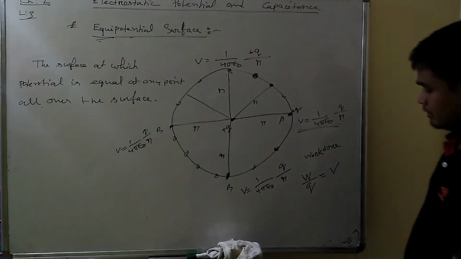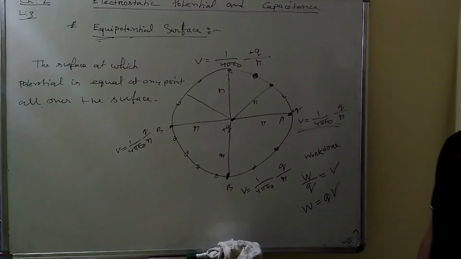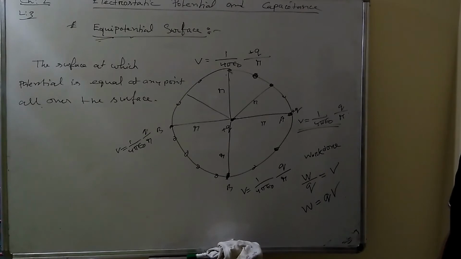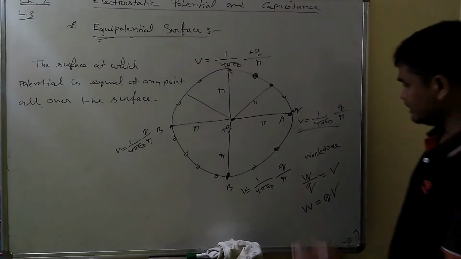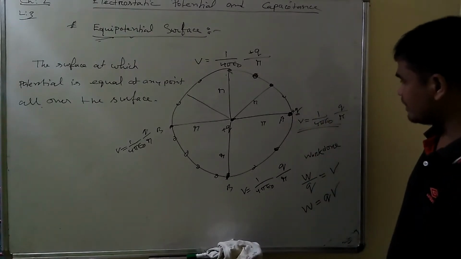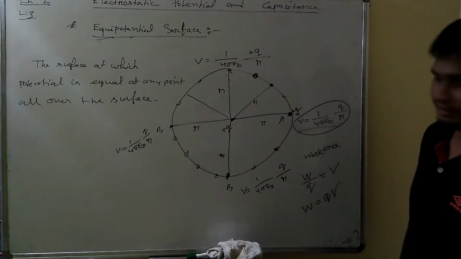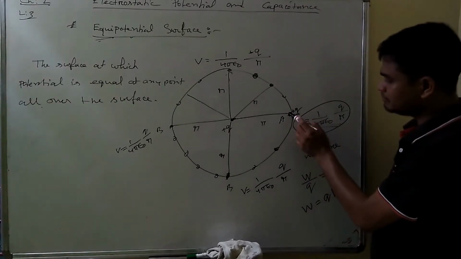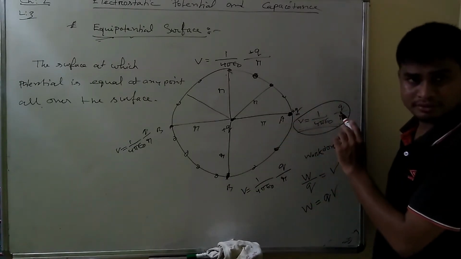We know that: work done is equal to Q into V. Here the charge is Q, and at this point the potential is how much? V. There is some energy stored as potential energy at this point.